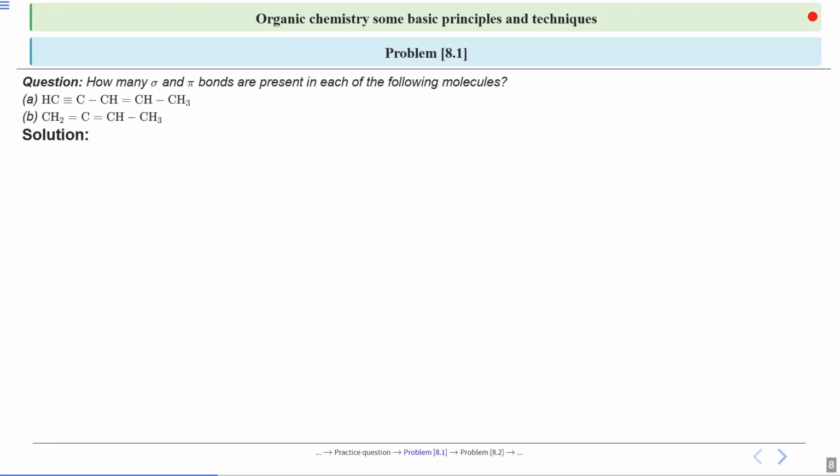Let us first look at compound number A. Here is a representation of the sigma and pi bonds present in it. There are 4 CC sigma bonds. How? Starting from the left side, the triple bond has 2 pi bonds and 1 sigma bond.